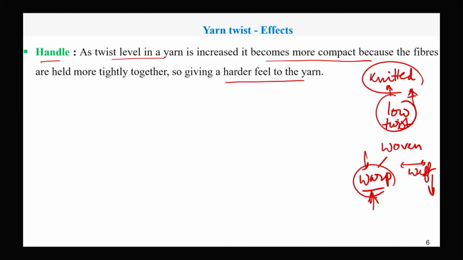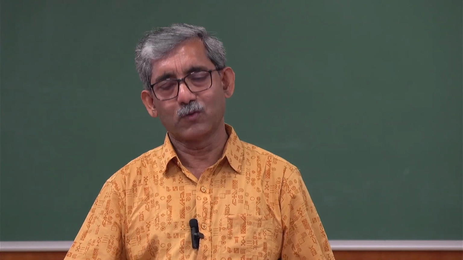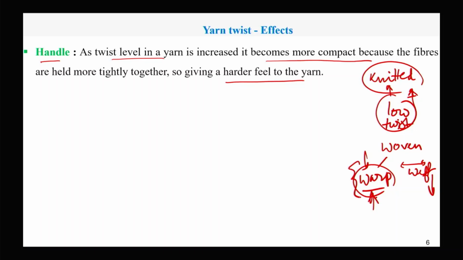But typically we normally use a similar twist level. If we at all want to reduce the harshness, we cannot play with the warp thread. So we have to play with the twist level of weft threads.